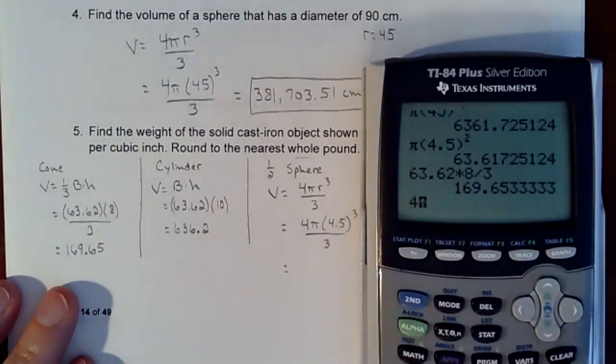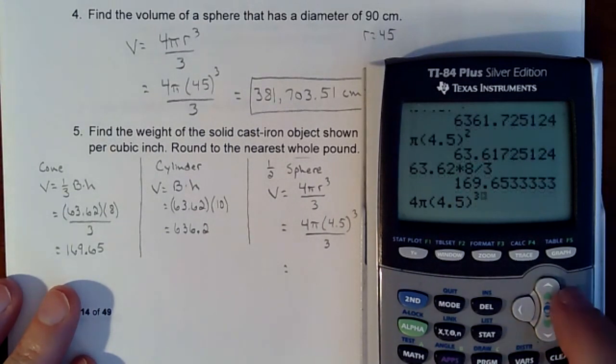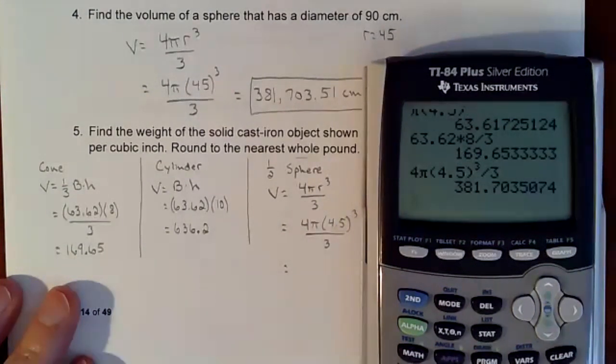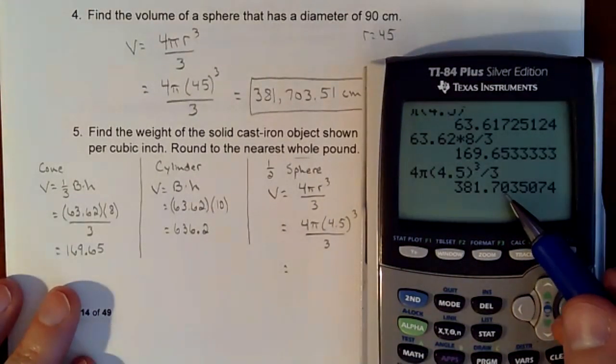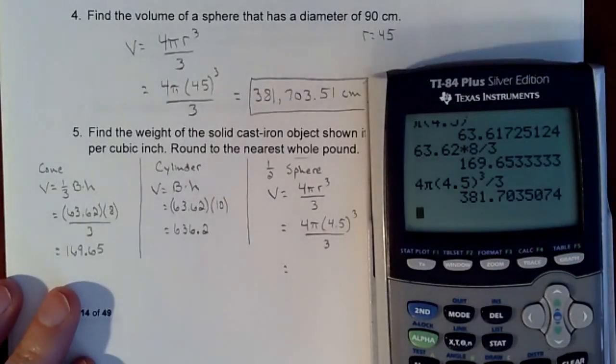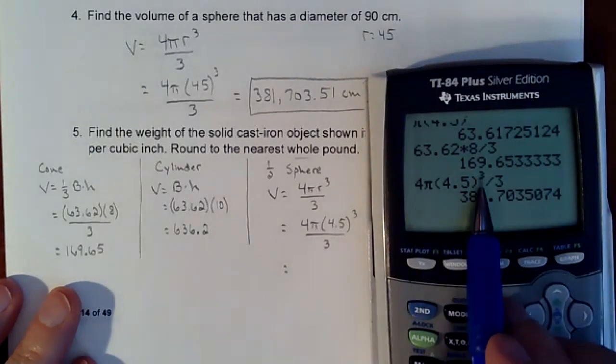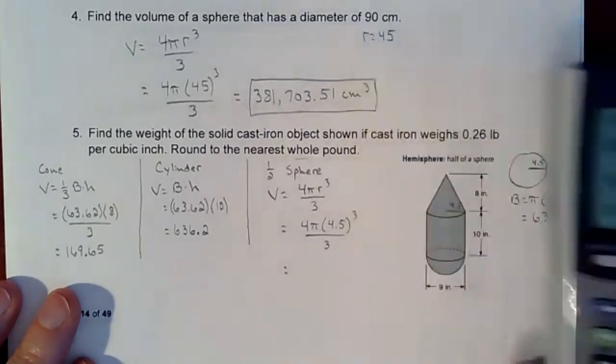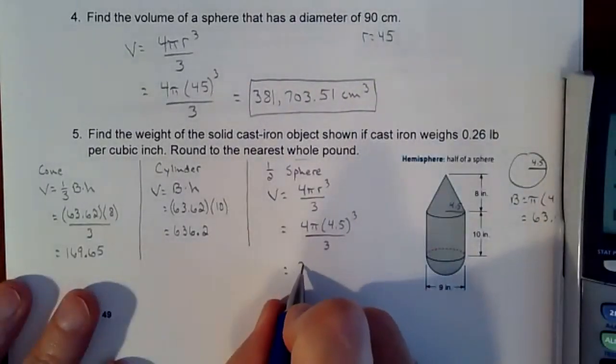So 4 pi times 4.5 cubed divided by 3. 381.70.